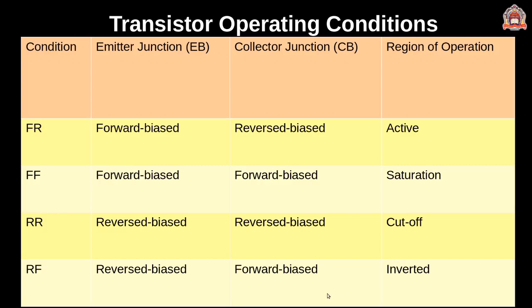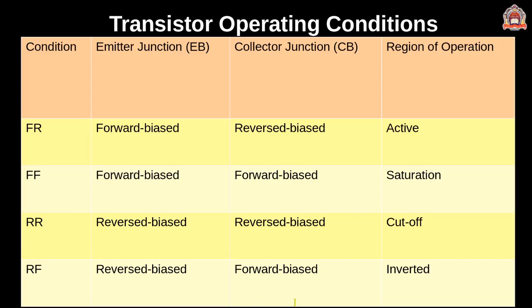Now in the forward reverse case, the emitter base junction is connected in forward bias and the collector base junction is connected in reverse bias. The transistor is in the active region and the collector current depends on the emitter current.